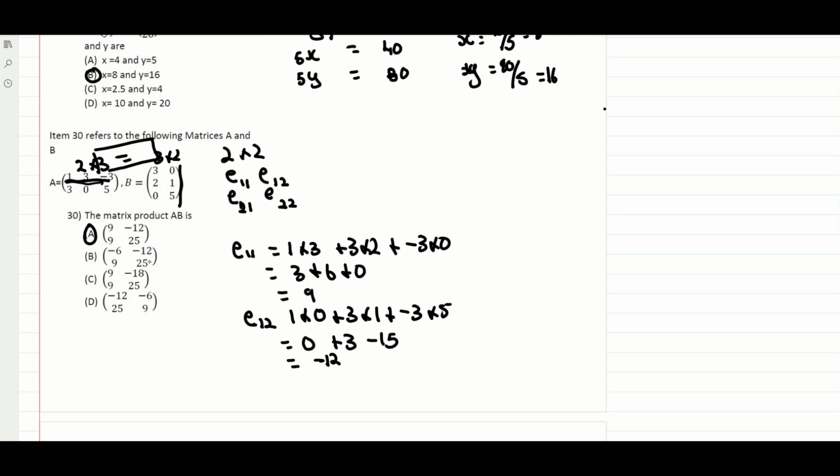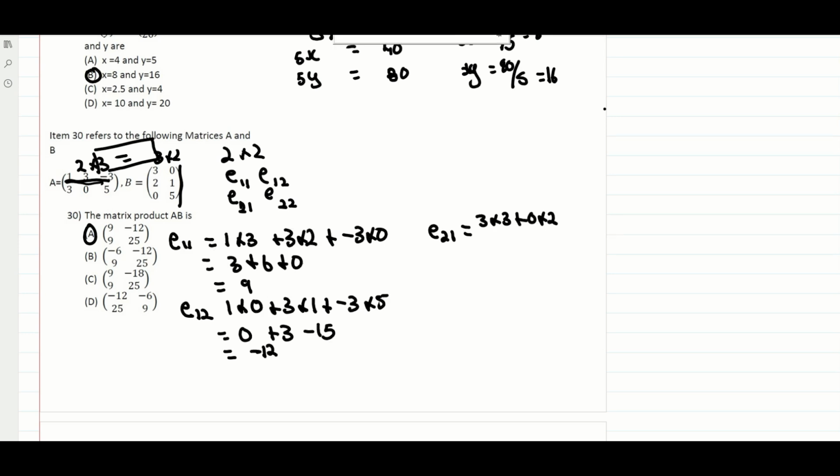Alright, then E21, row 2 by column 1, is 3 by 3, 0 by 2, 5 by 0.